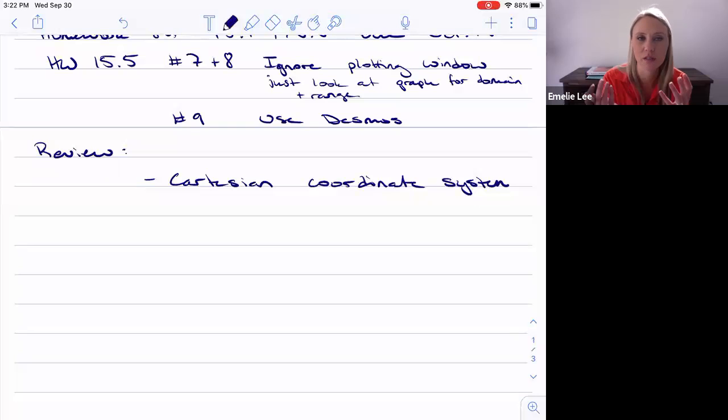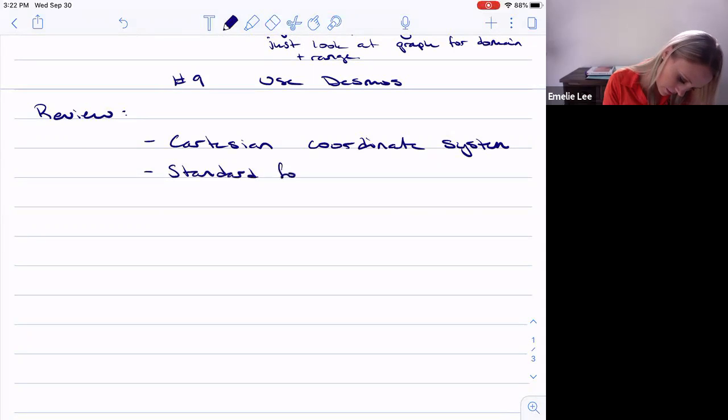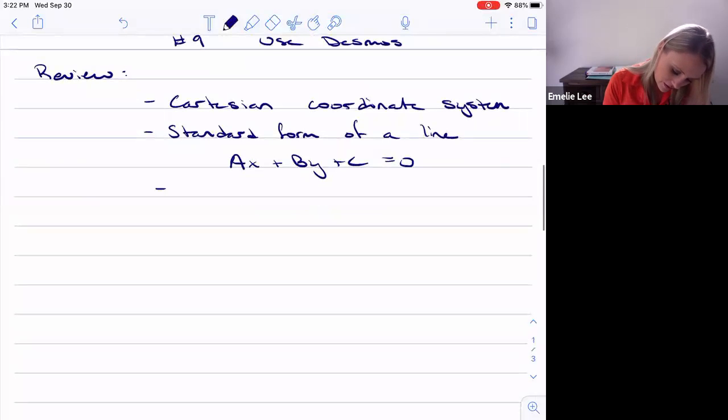And so just kind of terminology like that. We talked about the standard form of a line, which is ax plus by plus c equals 0. Then we talked about the more familiar form of a line, the slope-intercept form of a line.